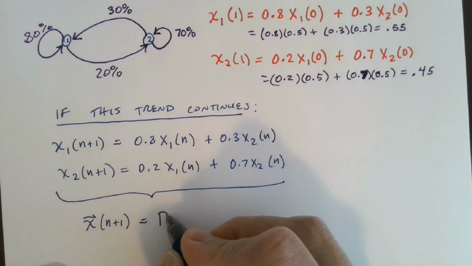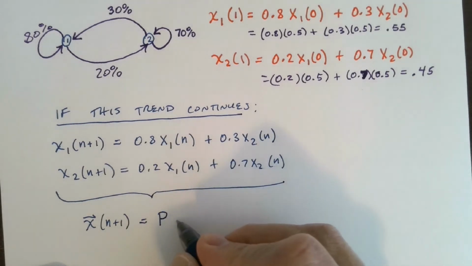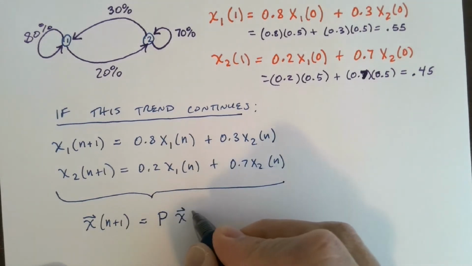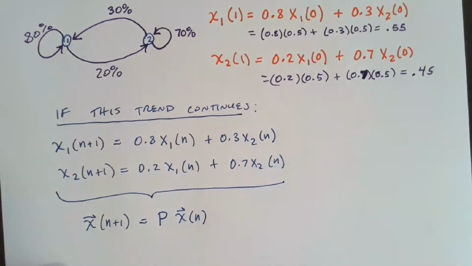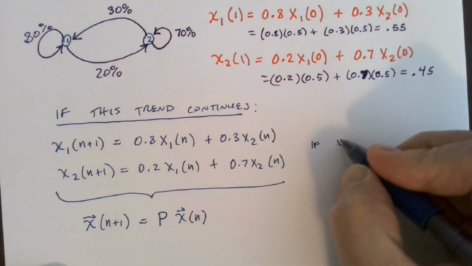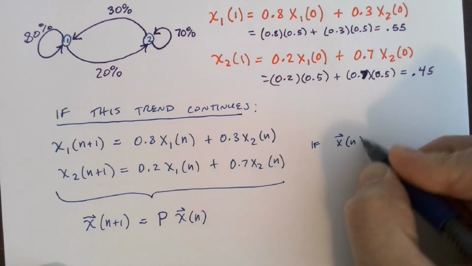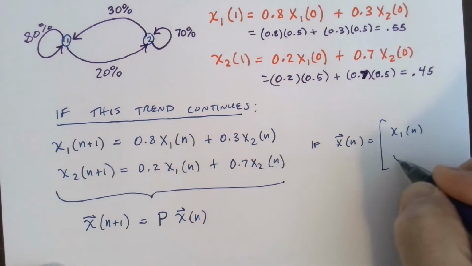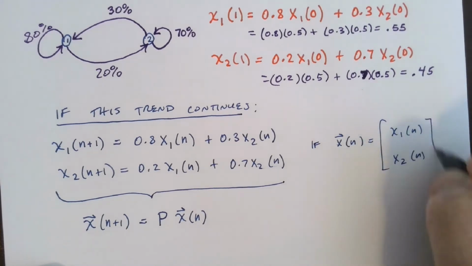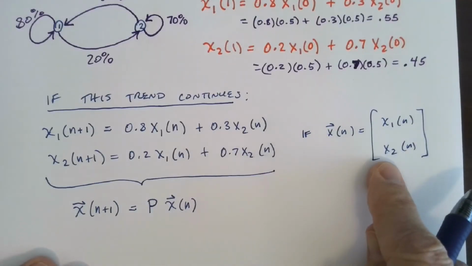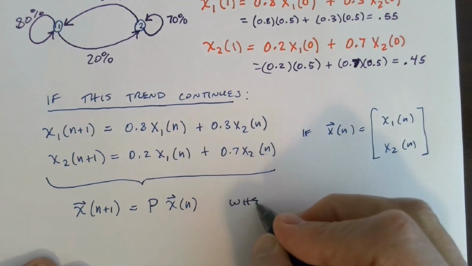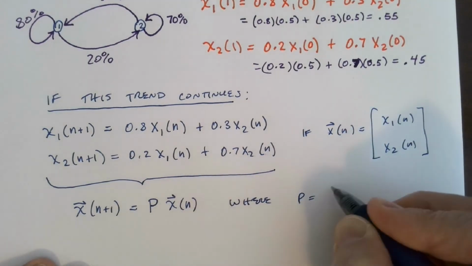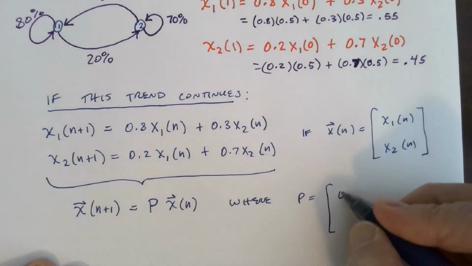I'm going to, instead of using A, use P, times x to the n. So, x of n is what? The x1, x2. That's our variables that are changing, the vector of those variables. And P is our coefficient matrix. And in this case, the coefficient matrix is what?